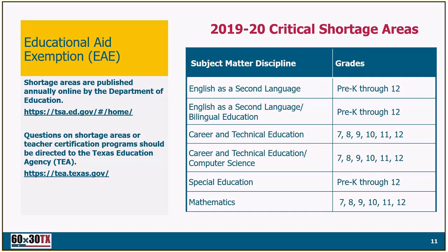We have all the ones that are there. If your student is in a teacher certification program and it's in one of these areas, then that's one of the eligibility requirements for the program. Please keep in mind that there are others. All the information on educational aid is available through College for All Texans as well as our website.